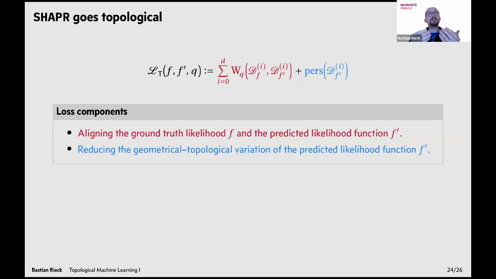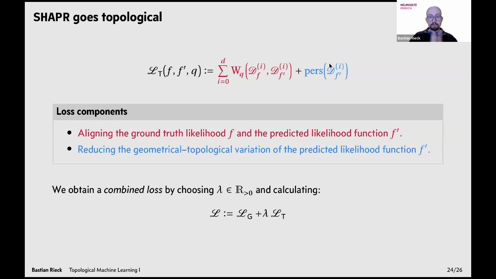So it encourages the model to have a likelihood function that doesn't have a lot of, let's say, small-scale features across the boundary of the object, for instance, because red blood cells typically don't have those, right? They are very, very smooth. And so since the loss is going to be minimized in the end, this encourages the model to learn a sparse representation here that doesn't have too many spurious topological features.